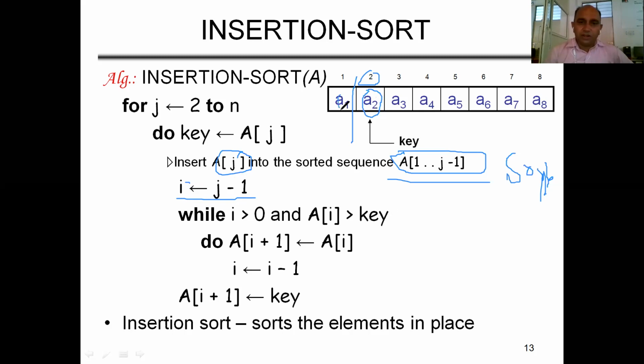It means if the value a1 is greater than a2, then we have to shift the elements to the left side. For example, now we are having the value of i equal to 1, then i plus 1, that is a2, is going to be the value of a1. So this is not possible in our array, because we are having an array.